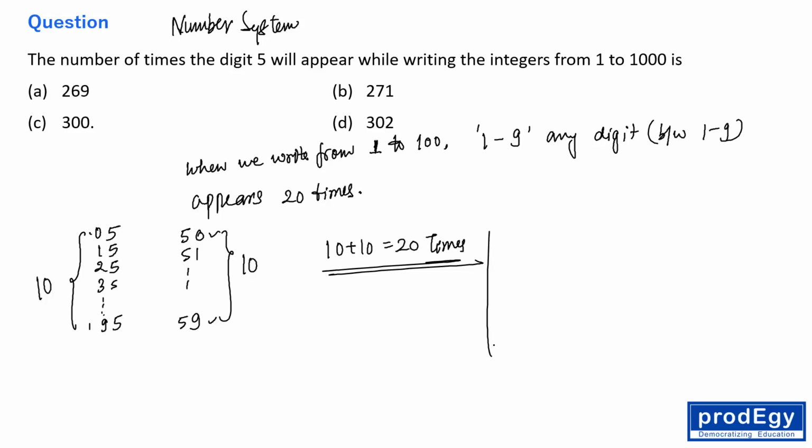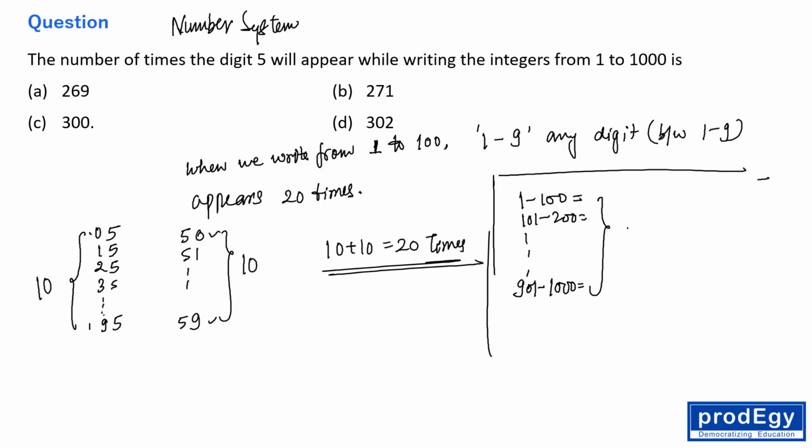Okay, again, when we are talking about 1 to 100, then 100 to 200, up to 901 to 1000, they are actually 10 slots of 20 times each.